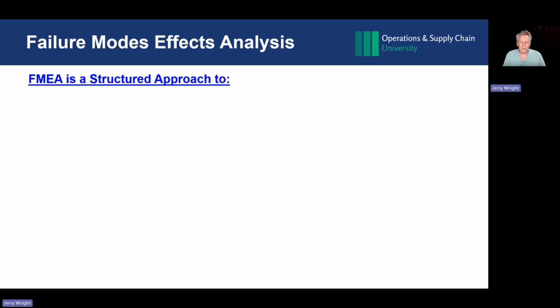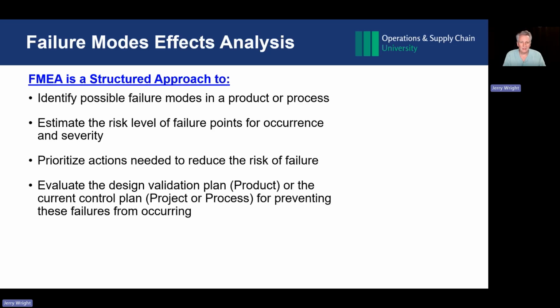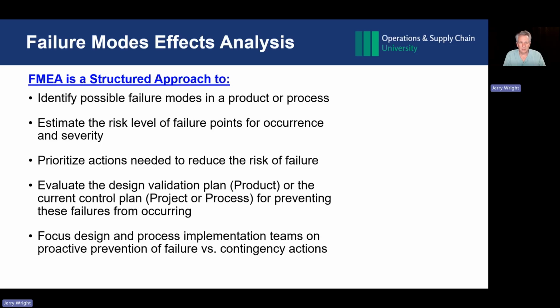So FMEA is a structured approach to identify possible failure modes in a product or a process or risks in a project, estimate the risk level of failure points for occurrence and severity, and then prioritize actions needed to reduce the risk of failure. You can evaluate a design validation plan for a product or a current control plan for a project or a process for preventing failures from occurring.